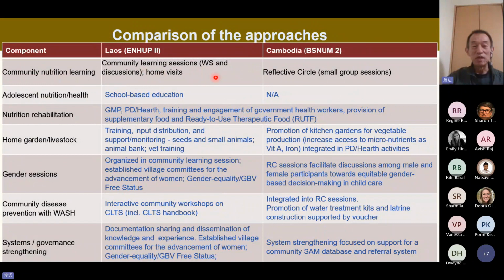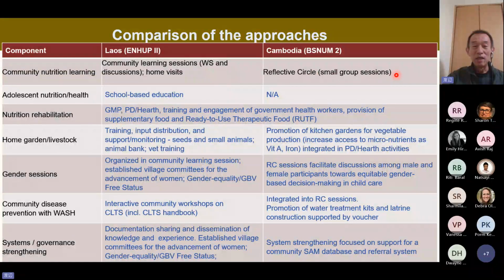For community nutrition learning, which is for behavior change in infant feeding and child caring, Laos mainly used community sessions where people are mobilized in each village and gather, and facilitators provide some key messages, and then there are discussions on the topics.